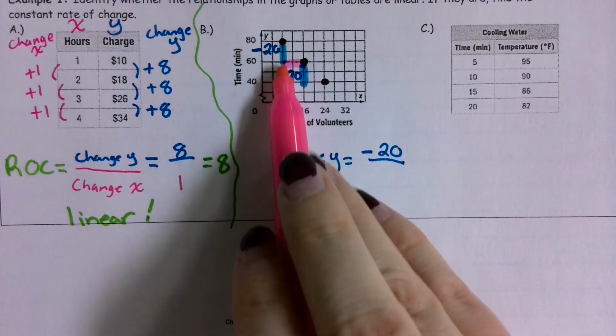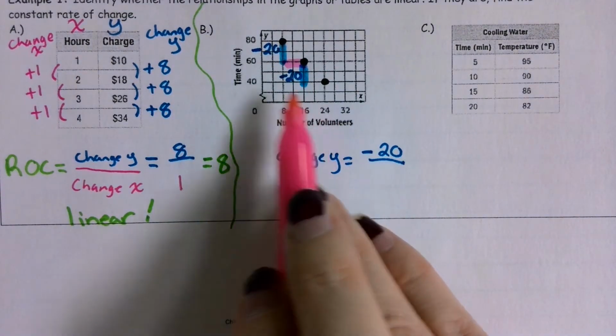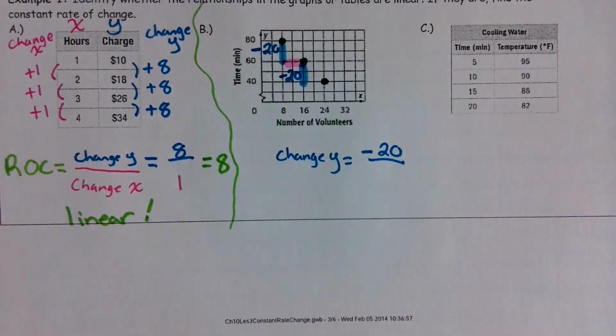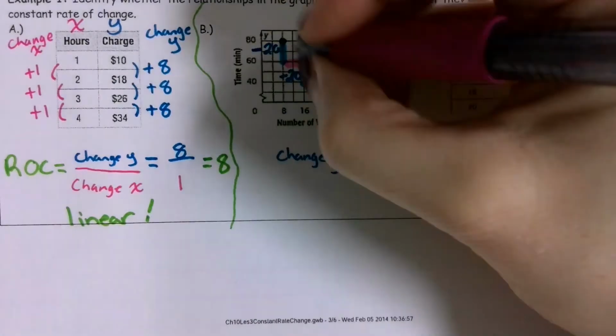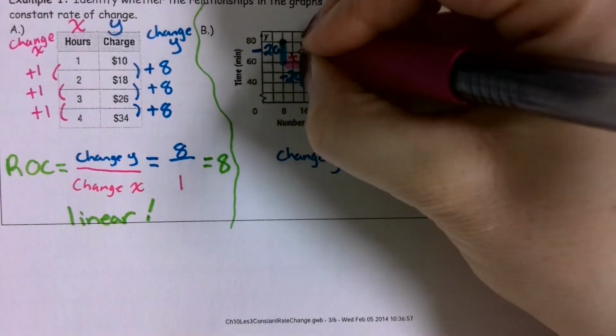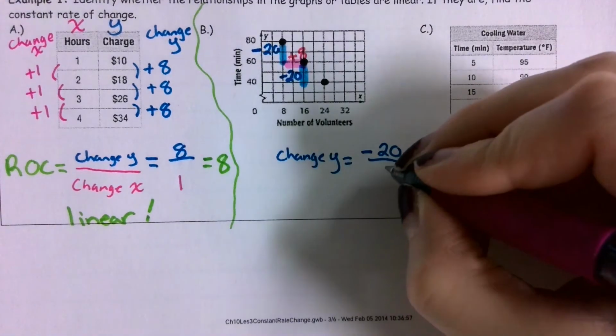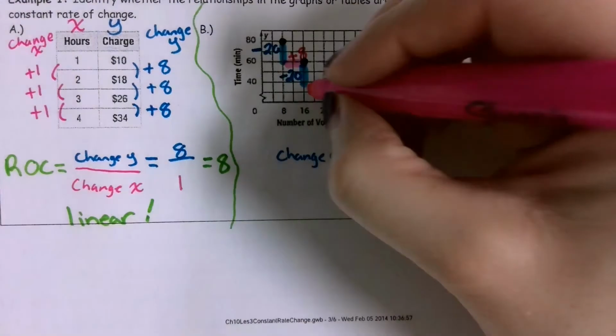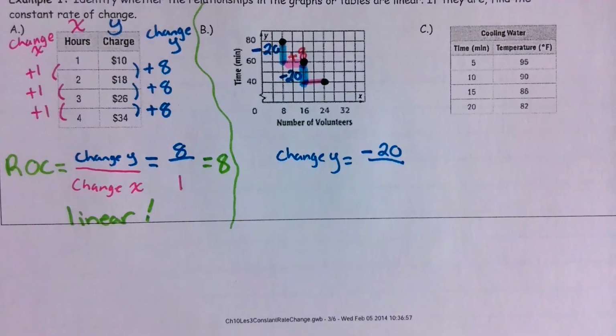So starting from here to here, we're increasing from 8 to 16. That's an increase of how much? 8 points, right? Or 8 volunteers based off of what the x represents. Then going from 16 to 24, that also is an increase of 8.